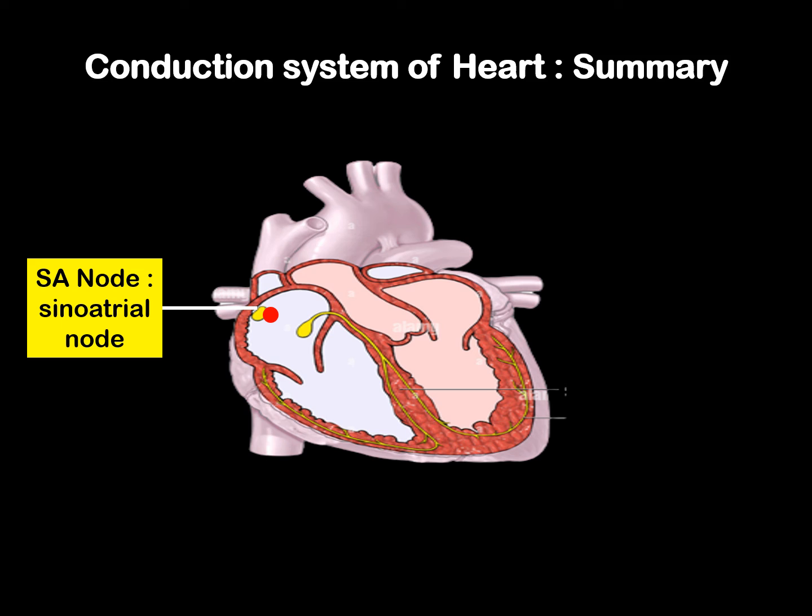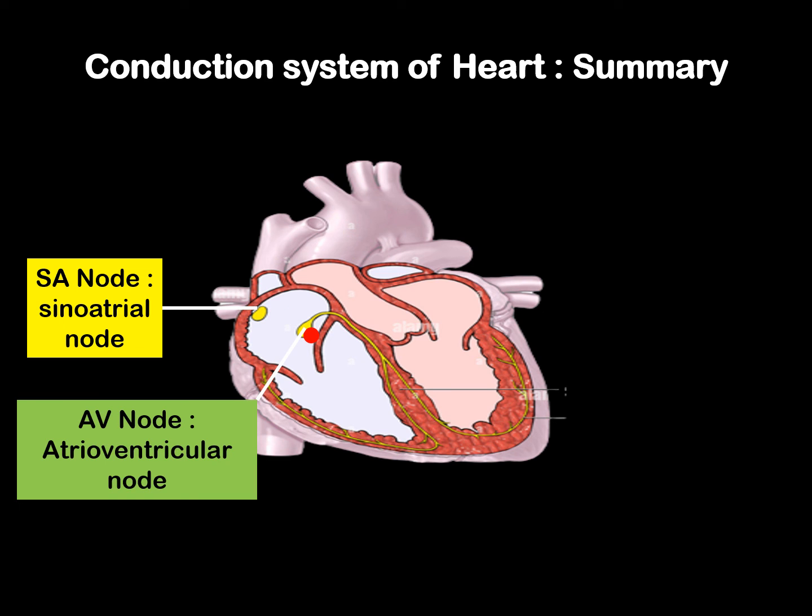So if we see the summary of the entire conduction system function, it starts with the SA node, the natural pacemaker, which generates the signal. जब SA node signal generate करेगा, it leads to the contraction of the atrium, जिससे पूरा supply of blood atrium से ventricle में होगा. After that the signal reaches the AV node, the atrioventricular node, जो थोड़ा SA node के signal को delay करेगा. Why? To ensure that पूरा का पूरा blood atrium से ventricle में आ जाए.